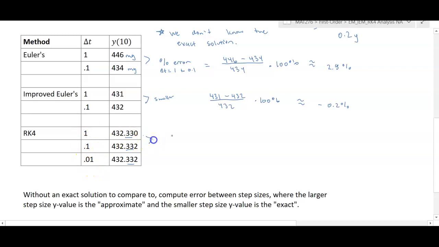So the error here, what I want you to notice, would be the more approximate, 432.330, minus the exact. Again, it's not the exact, it's just the more exact of the two, divided by the more exact of the two, times 100%. And that's going to come out to, let's see, I notice a difference of an increase of about 0.002.